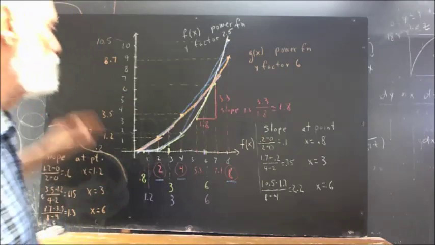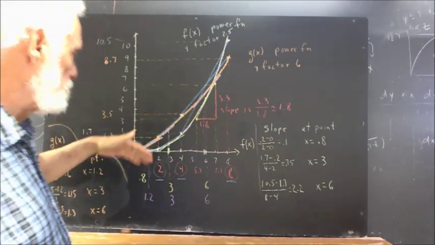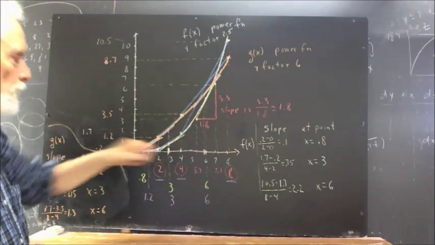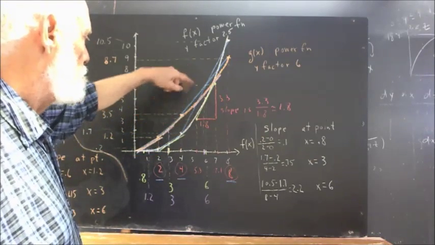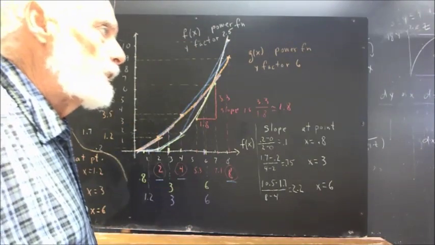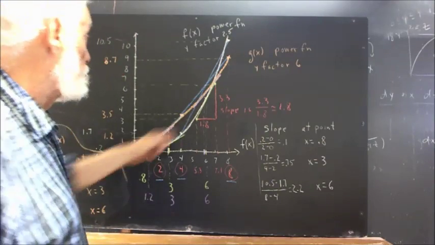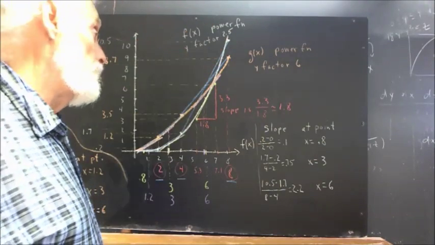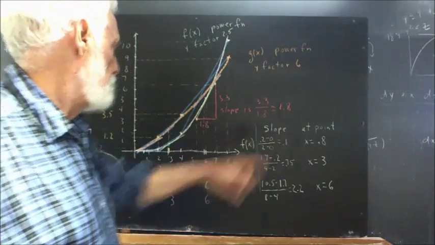Now, instead of calculating the slopes of the tangent lines, I'm just going to use the coordinates we've estimated for the points on the graph, which will give us the slopes of the blue lines that the tangent lines are supposed to be parallel to. Those slopes should be the same. So for the f of x function, our power 2.5 function, we get a slope of 0.2 minus 0.